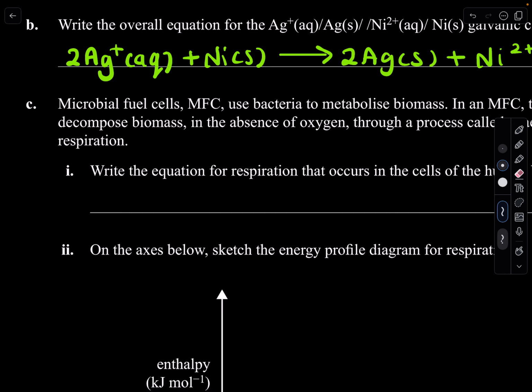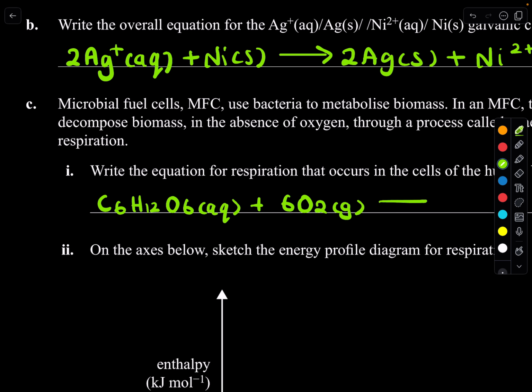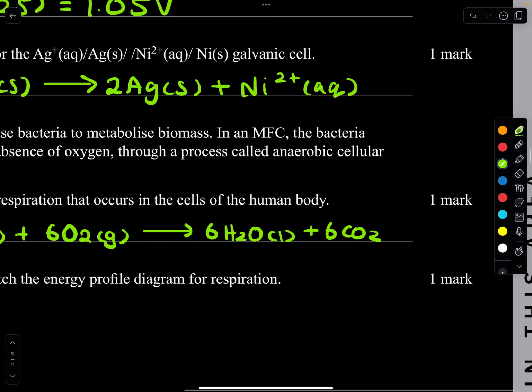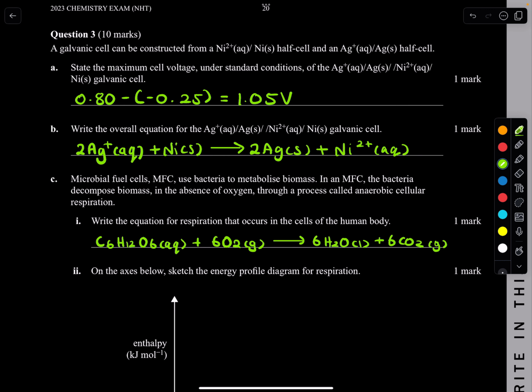It is so easy; a lot of bio students have memorized it. Glucose, C6H12O6(aq), plus 6 O2 gas molecules form 6 H2O in liquid state and 6 CO2 in gaseous state. This is your actual cellular respiration formula, and you can see that we require oxygen, so we go through aerobic cellular respiration.